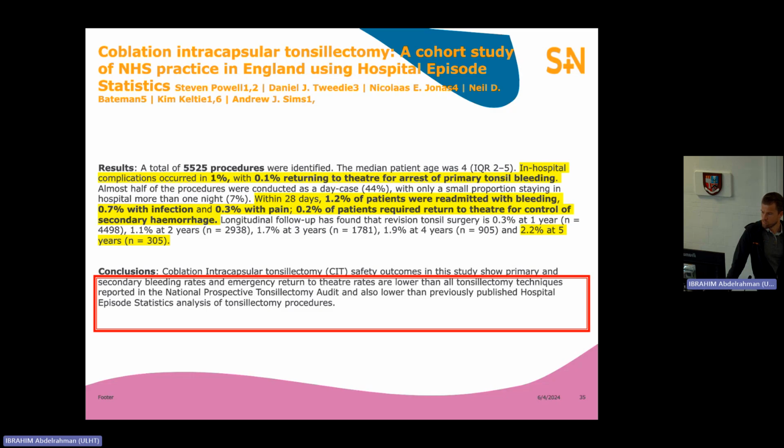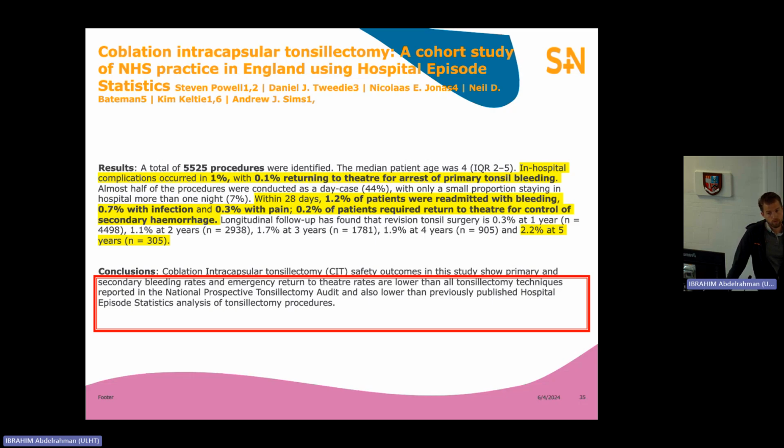The total procedures was just about 5,500. It's using hospital episode data, so it's the entire hospital statistics across all surgeons doing the procedure. So you've got a real mix of different levels of experience, consultants and juniors and trainees doing the technique.